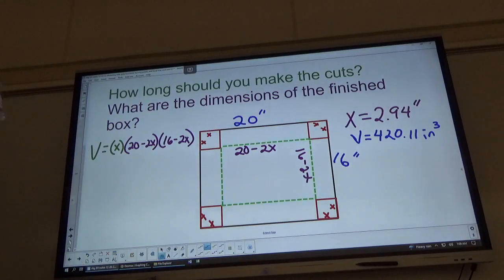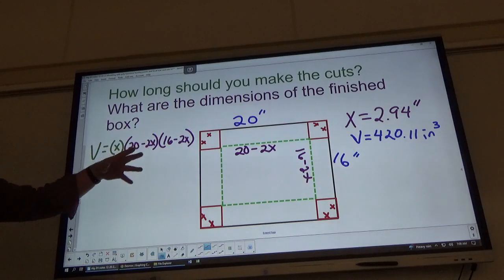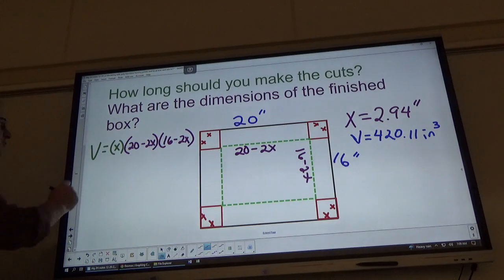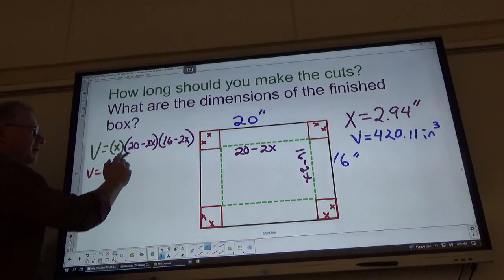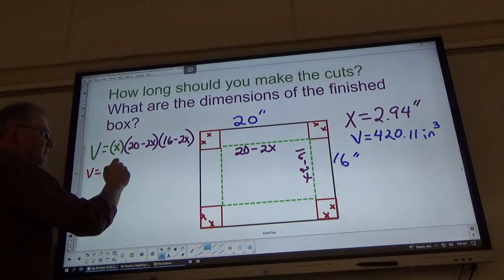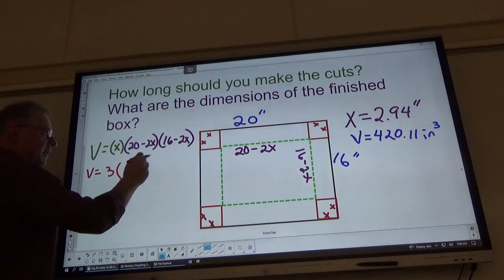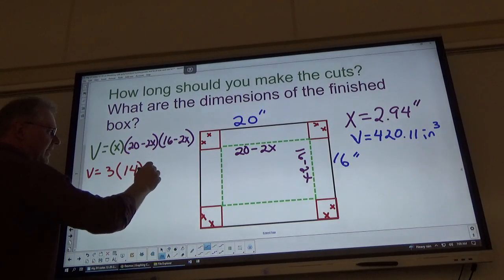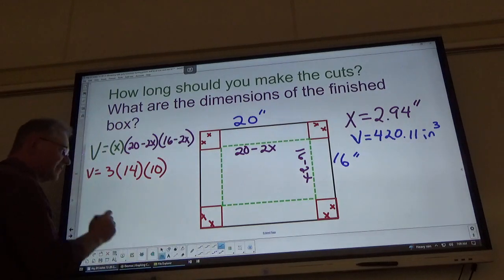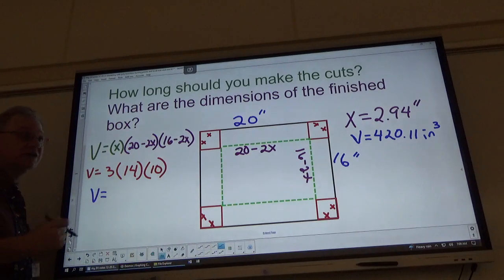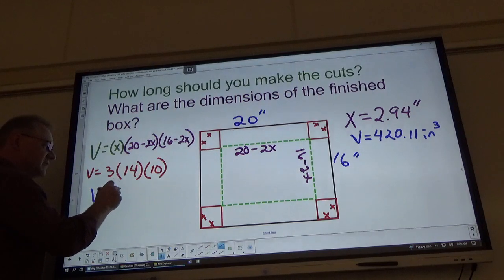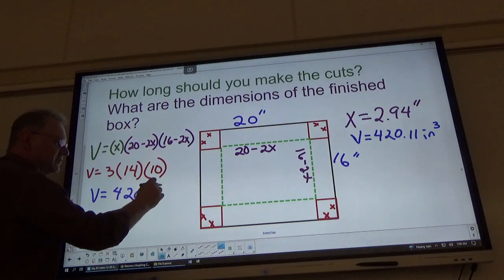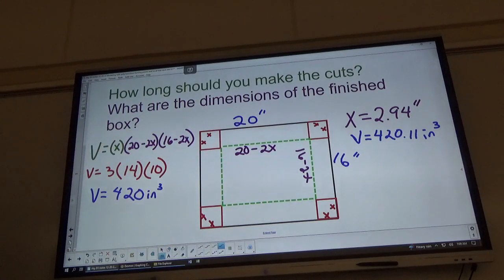What's interesting is if we actually use 3, which most box companies are not going to use 2.94 because that really gives you messy things here. If you used 3, 20 minus 2 times 3, 6. So 20 minus 6 is 14. And 16 minus 6 would be 10. It's interesting that the volume, if we use 3 versus 2.94, actually comes out to 420 inches cubed, which is almost no difference from that other value.